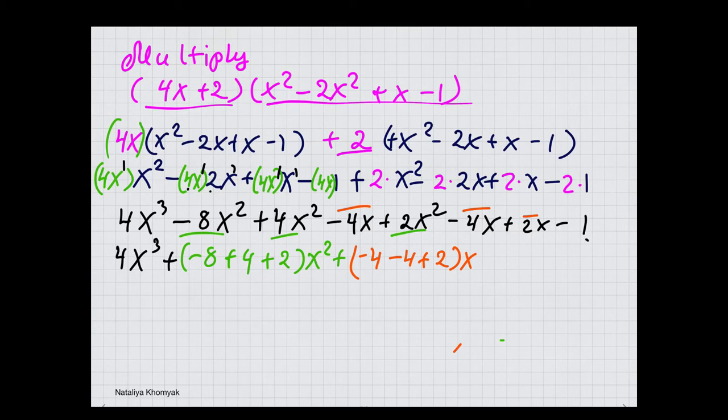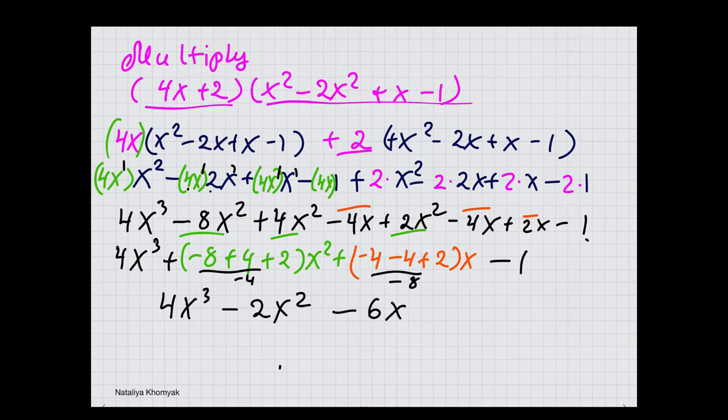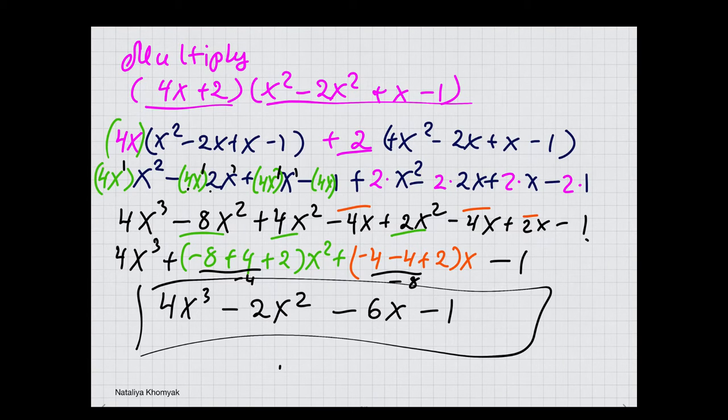And we have no more numbers, so it's a -1. So we have 4x^3, -8 plus 4 minus 4 plus 2, -2x to the second, -4 minus 4, -8 plus 2, minus 6x minus 1. And this is our solution.